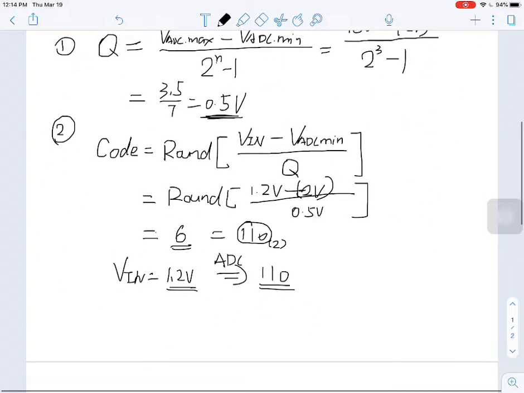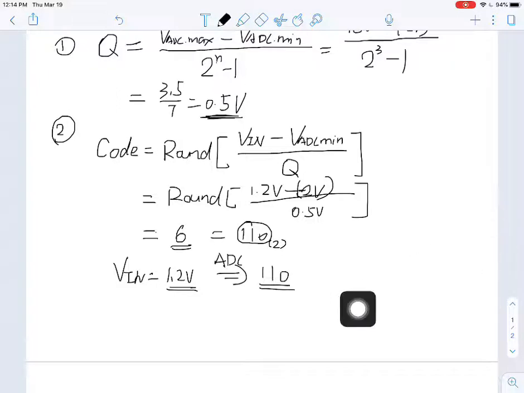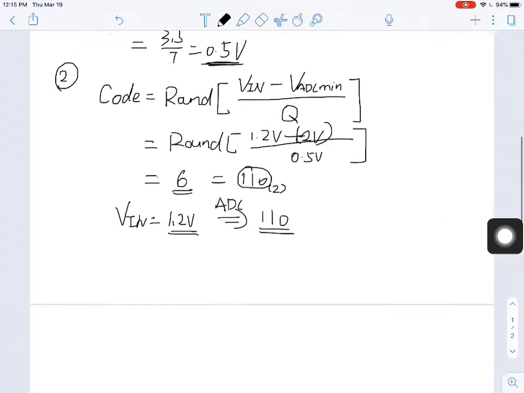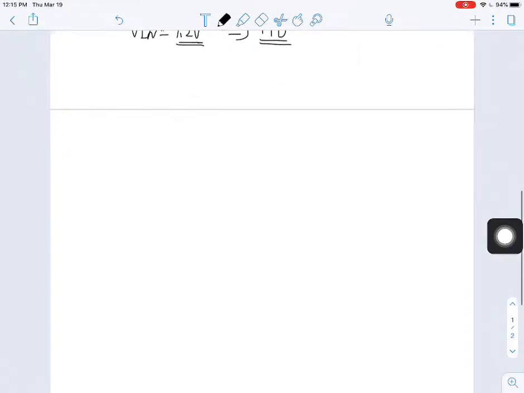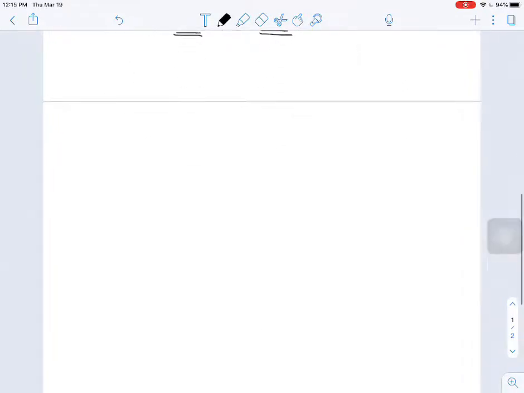Okay, so that's a practice: if you know the input, you can convert that input analog signal to a binary 3-bit code. Now let's look at another practice, which is kind of the same idea, but now we only know the code. I want you to find out what is the input analog voltage.